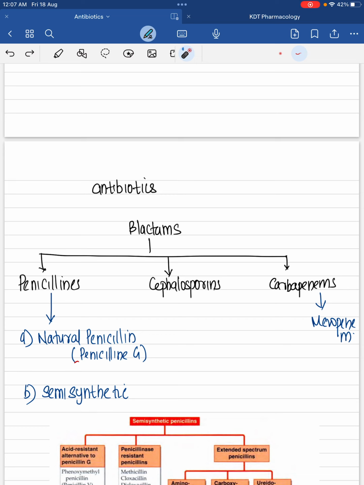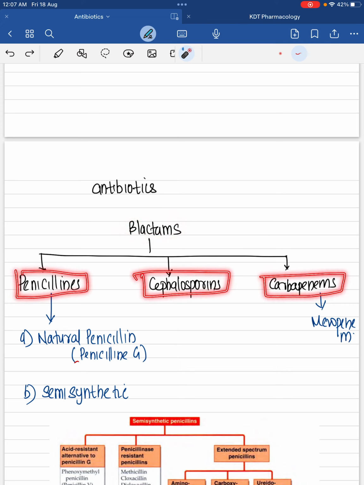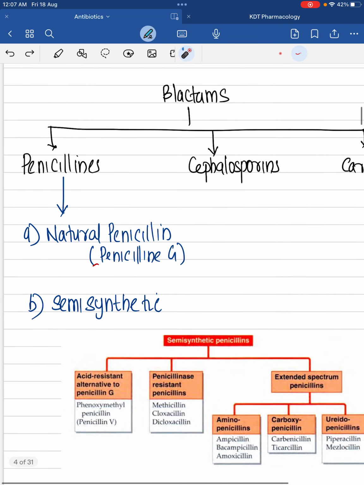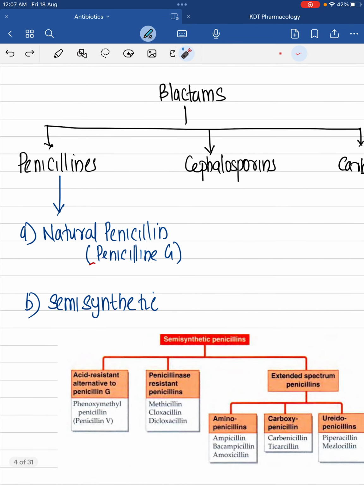The first and most common group is beta lactams, which consist of penicillins, cephalosporins and carbapenems. The first penicillin found is the natural penicillin, penicillin G, which is mainly toward gram positive, because these penicillins act on the outer layer of the cell wall of the organisms.